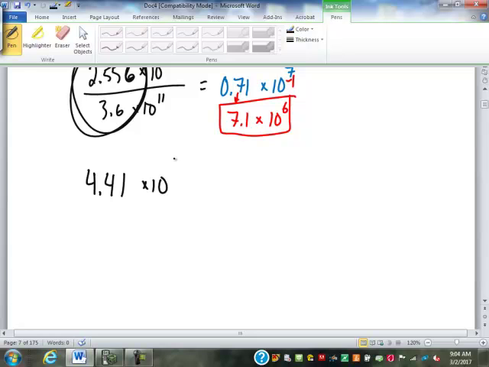Let's do 4.41 times 10 to the 7th divided by 8.4 times 10 to the 13th. What do I get? Where do I start?